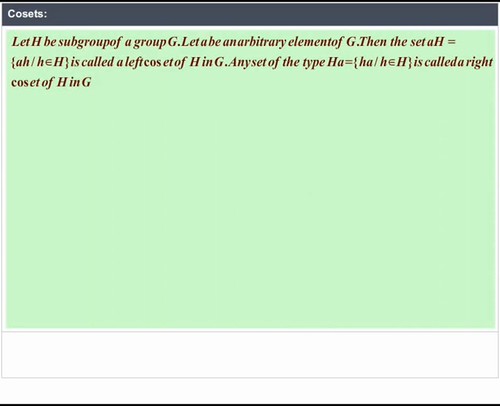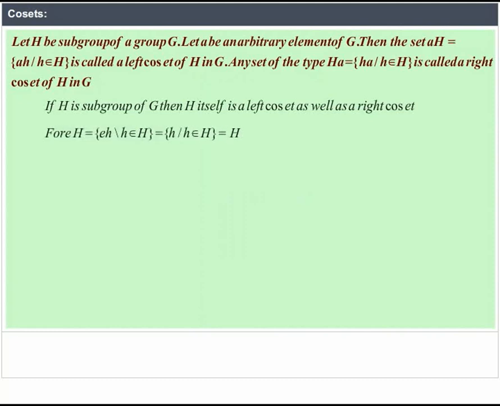Cosets. A set ah such that h belongs to H is called a left coset of H in G. Any set of the type Ha equals {ha such that h belongs to H} is called a right coset. If H is a subgroup of G, then H itself is a left coset as well as a right coset.